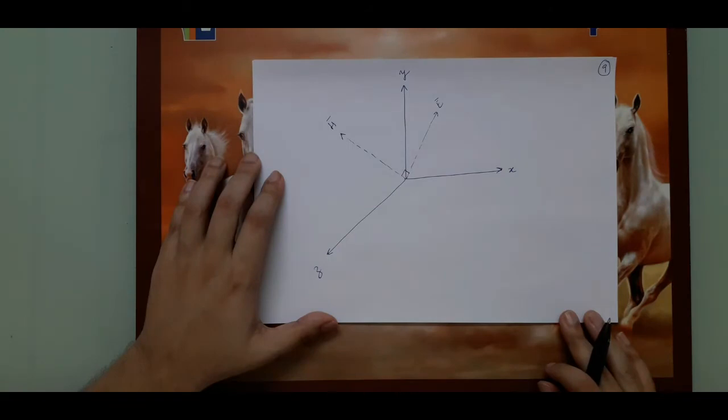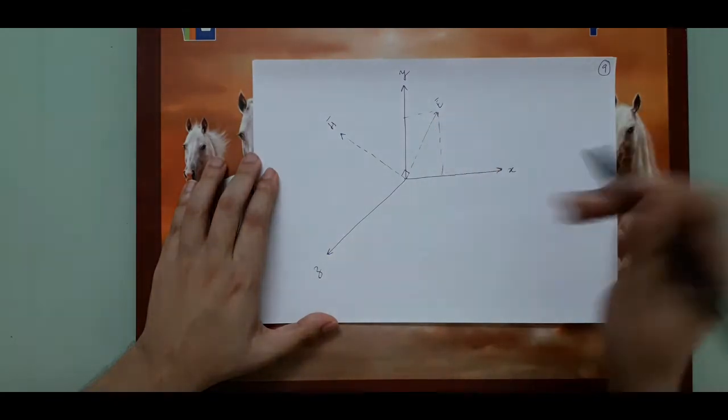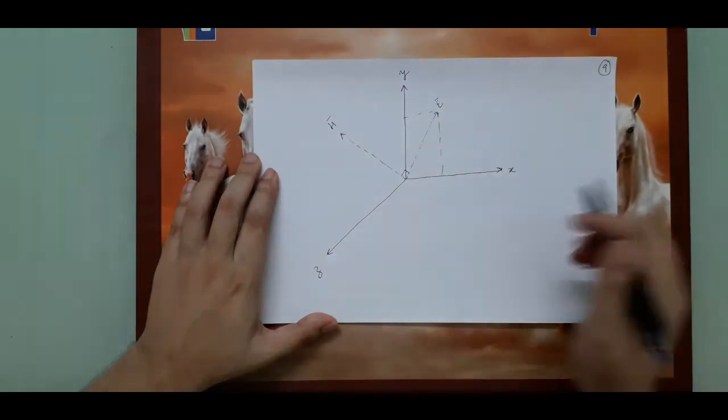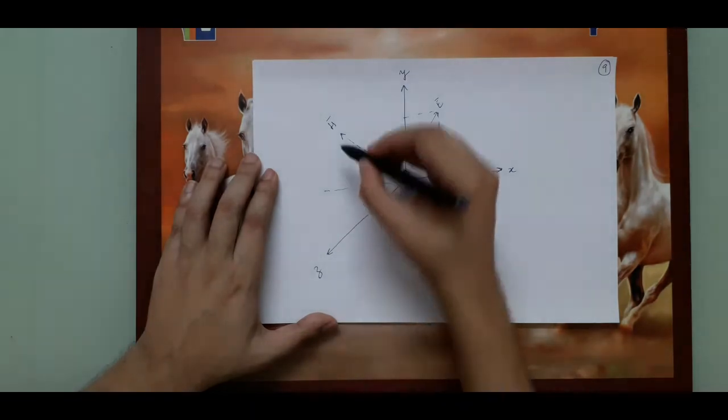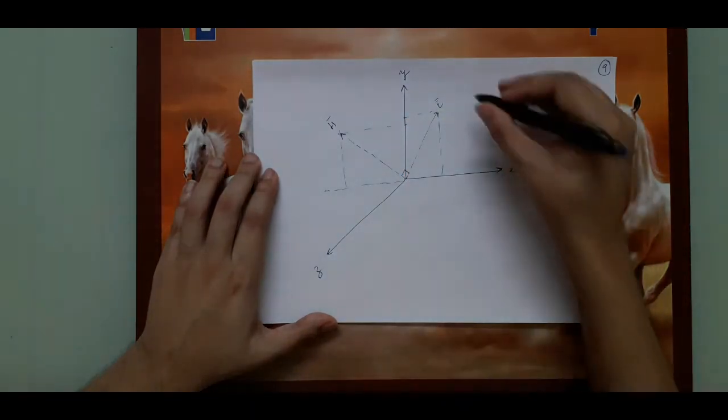So then in that case, this E vector is lying on the xy plane and even this H vector is lying on the xy plane.